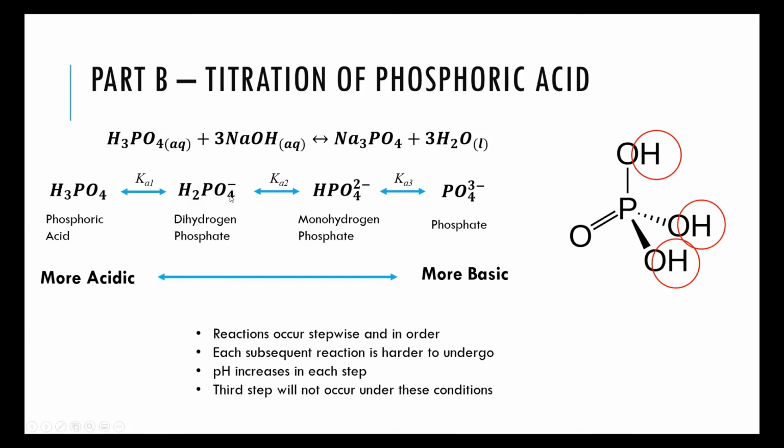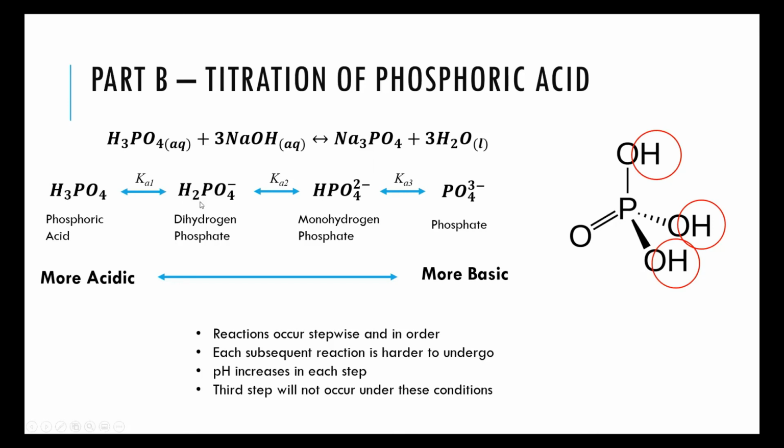Now, this ion is still very acidic, even though it's a conjugate base relative to the phosphoric acid. It would still be in an acidic solution. This is a conjugate acid, though, with respect to monohydrogen phosphate.